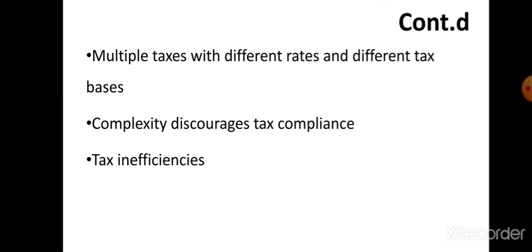Different rates were levied on various goods and services, which was one of the major drawbacks of indirect tax in the earlier system. Another flaw is the complexity in indirect taxation. One of the major issues in the earlier tax structure was the complexity in determining the nature of a transaction, whether it is a sale or a service, or making any distinction between goods and services.